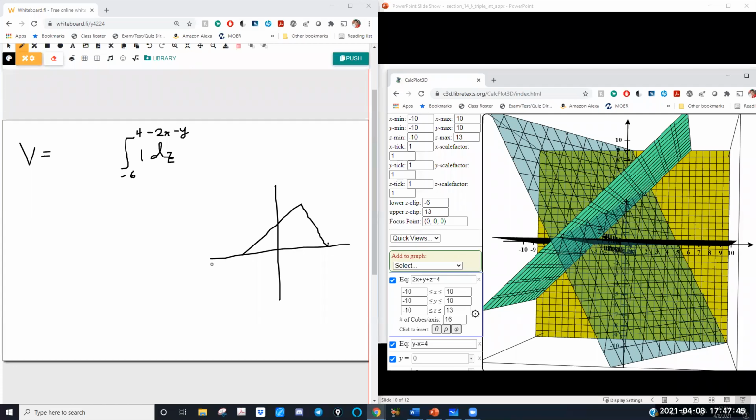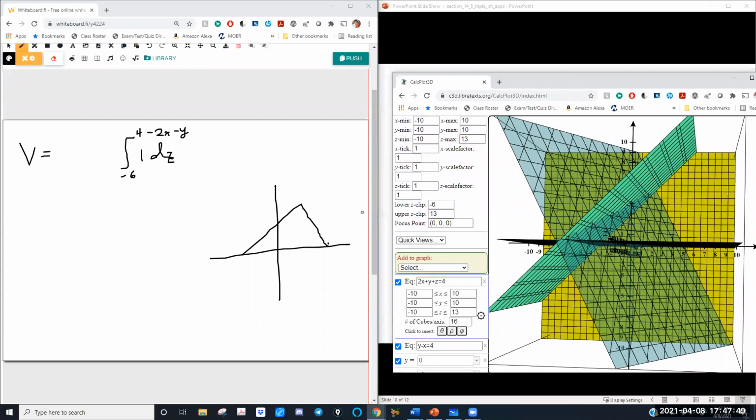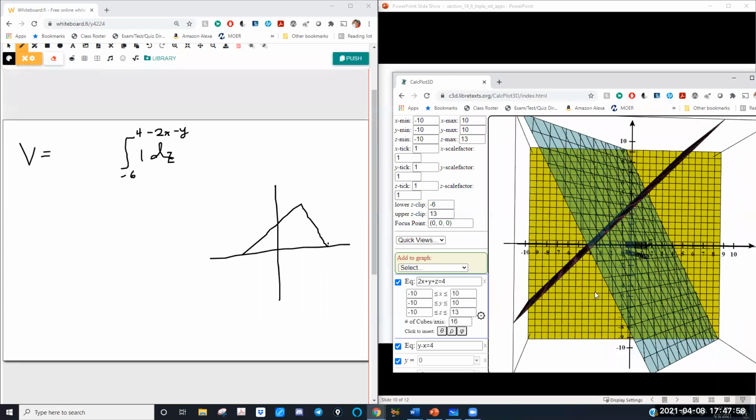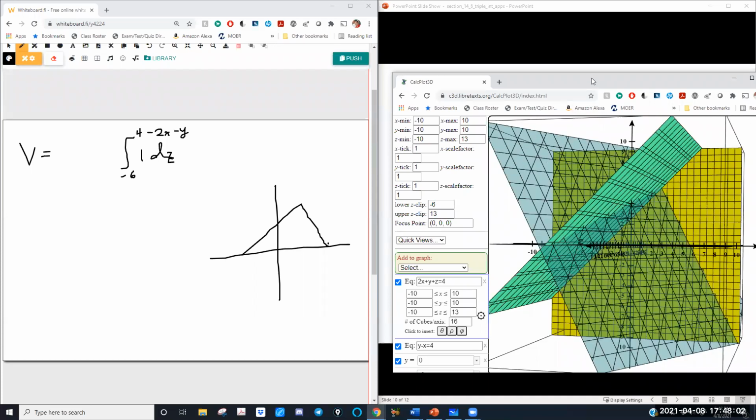Here's y equals, is it x equals 0 or y equals 0? I've got to remind myself. Here's y equals 0, so the x-axis. And then here's our other boundary, which is the turquoise plane, okay? Now let's talk about how we get those other equations.